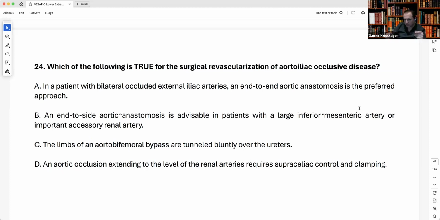Then you look inside the aorta, look at the renal orifice, be sure no clot went there. You release your vessel loop to be sure you have good back bleeding. After that, I move my clamp to infrarenal, clamp it, and then take the suprarenal off, and then I finish my aorto-bifemoral. So this is how you deal with a flush occlusion of the aorta at the level of the renals.